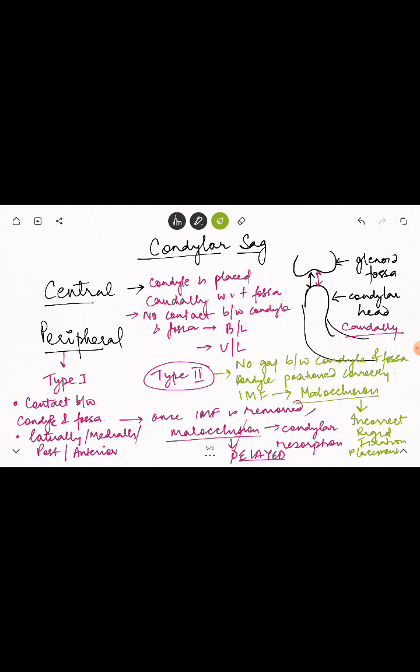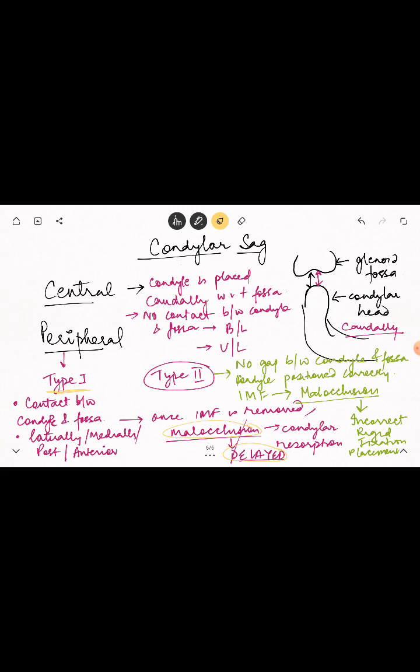In type 1 peripheral condylar sag, we will see a delayed malocclusion. This delayed malocclusion is because of condylar resorption. So there is contact between the condyle and the fossa either laterally, medially, posteriorly or anteriorly in type 1 peripheral condylar sag, and the condyle is positioned caudally.